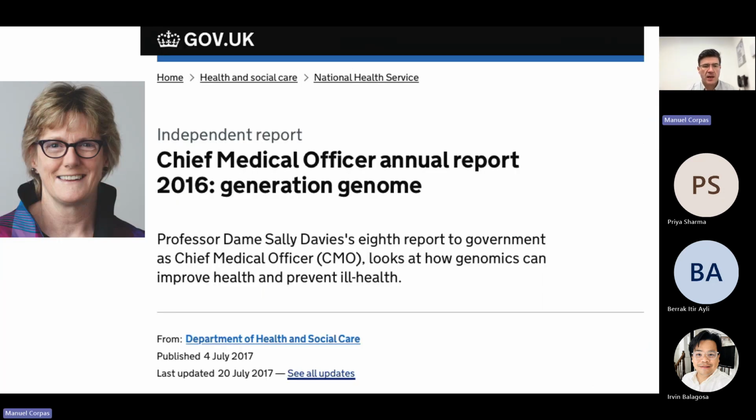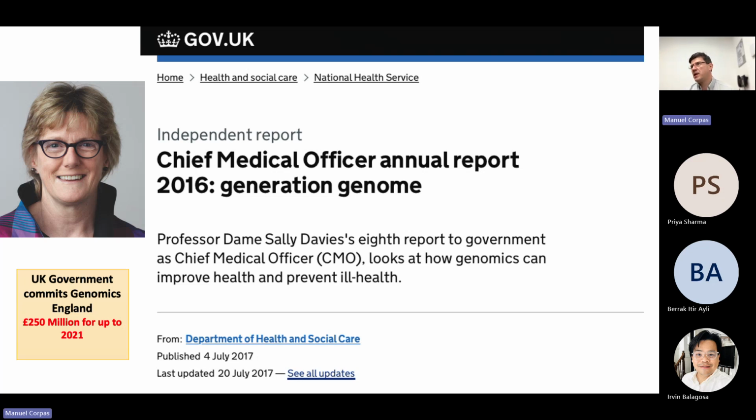In 2016, Professor Dame Sally Davies released a very influential report called Generation Genome. In this report, the UK government committed an extra 250 million to continue with Genomics England.